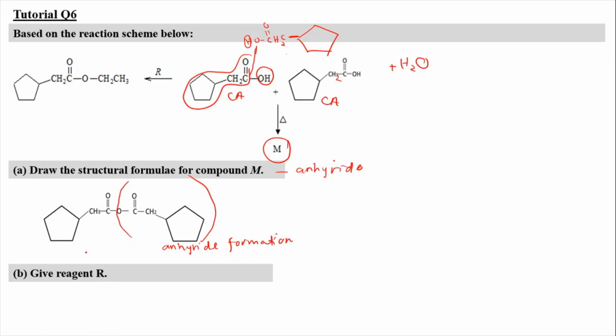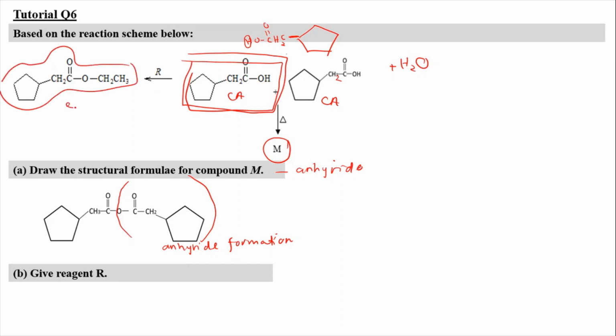And then next we need to give the reagent R. So we have your carboxylic acid here. We only focus on one substance because it's still the same. So if you have carboxylic acid, what you're going to produce here is an ester. You know that the carboxylic acid needs to be reacted with alcohol. So you know that the reagent is going to be an alcohol.